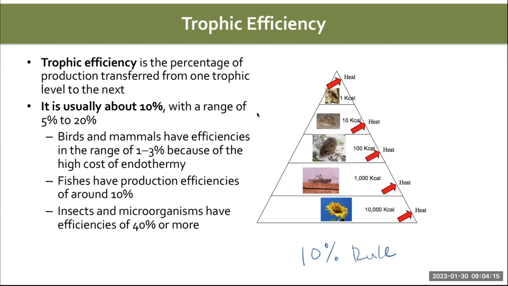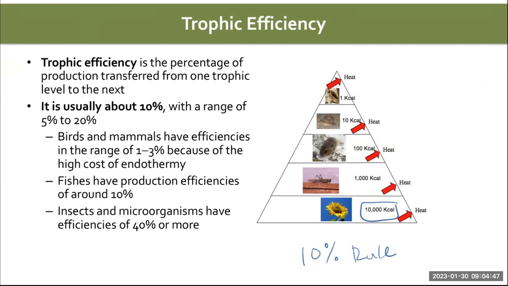Now, what this diagram is not showing is how many calories, the equivalent of kilocalories, were required for there to be 10,000 kilocalories of plant material. Because remember, the amount of sunlight that plants are actually capturing and transforming into biomass is around 1%. But we're going to start with, again, quote unquote, the bottom of the food chain.